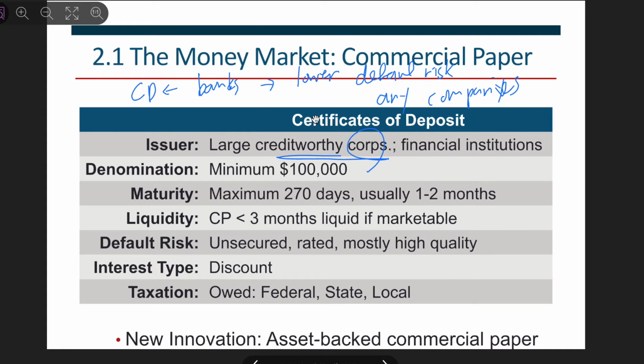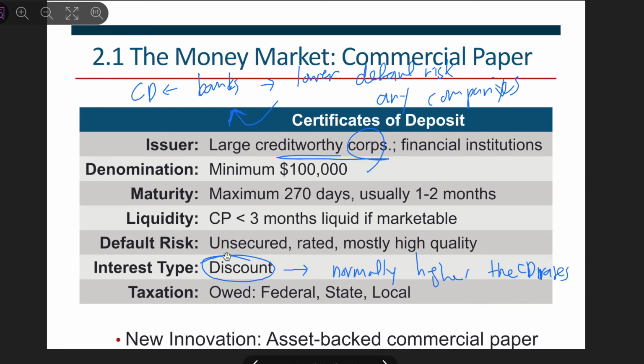If you invest in a bank, it is considered comparably safer than investing in a company, because banks make very conservative moves, whereas companies have to grow their future, so they have to move aggressively. So what happens is the interest type is discounted, but the rate is normally higher than CD rates.